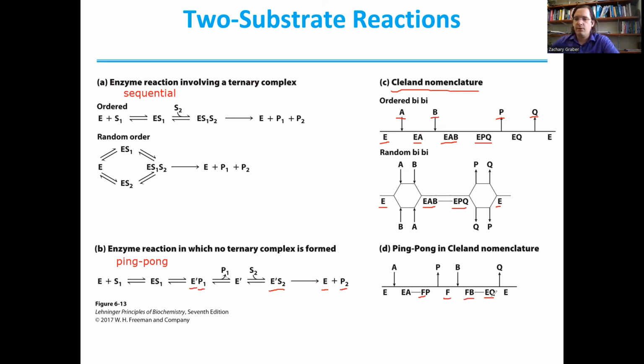That reacts and restores our enzyme and produces our second product to complete our mechanism here. Now, of course, as you can imagine, there are also many other possibilities for what these ping-pong and sequential mechanisms might look like. But we can represent those using this kind of basic Cleland nomenclature.